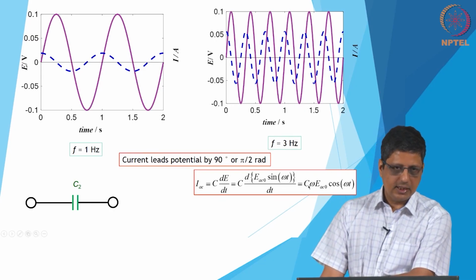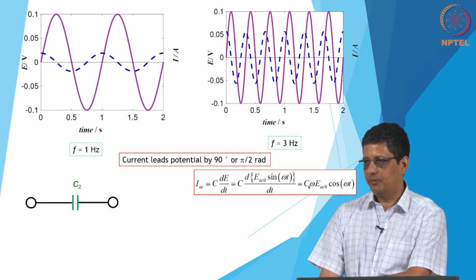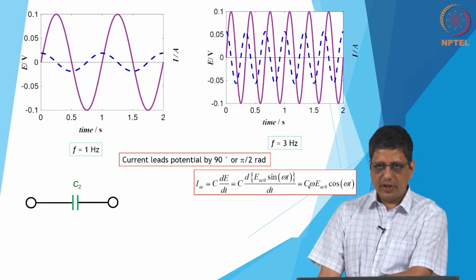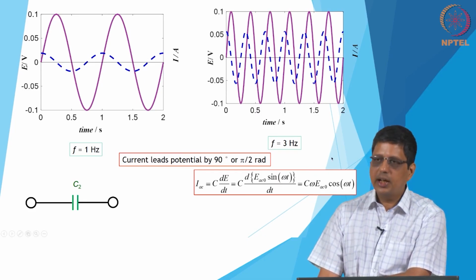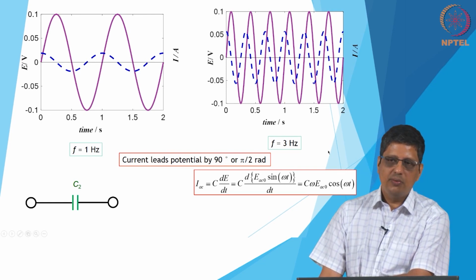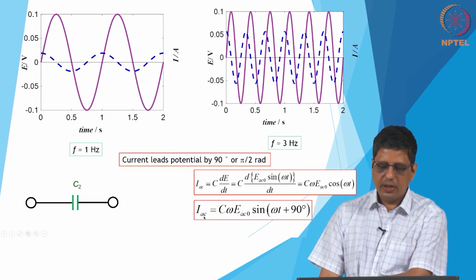C, the capacitance, will not change for a given capacitor, but whenever I change the frequency I will get a different current magnitude, because when you take the derivative you are going to get the omega out and then sine will become cosine. Sine becomes cosine, and you can write cosine as sine with a 90 degree offset. So, this shows the relationship between current and potential.